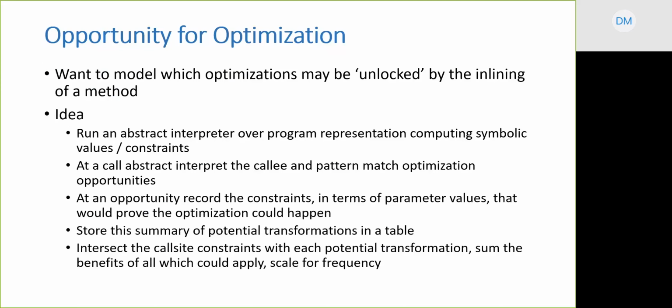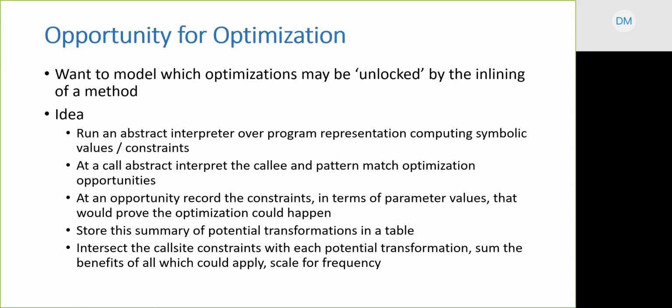When we see one of those opportunities, we want to record the dependency of that opportunity on the parameters of the function. So if, say, you're going to do branch folding, one side of the branch is a constant. The other side is an expression that is dependent upon an input parameter. We can derive a constraint that says, if the parameter has a value between A and B, or is equal to value X, or whatever, then this branch could be folded one way.